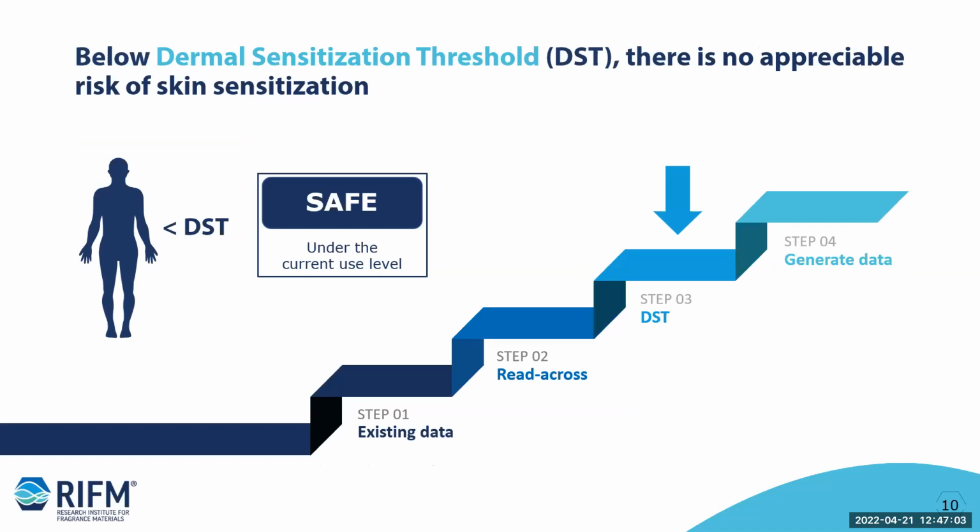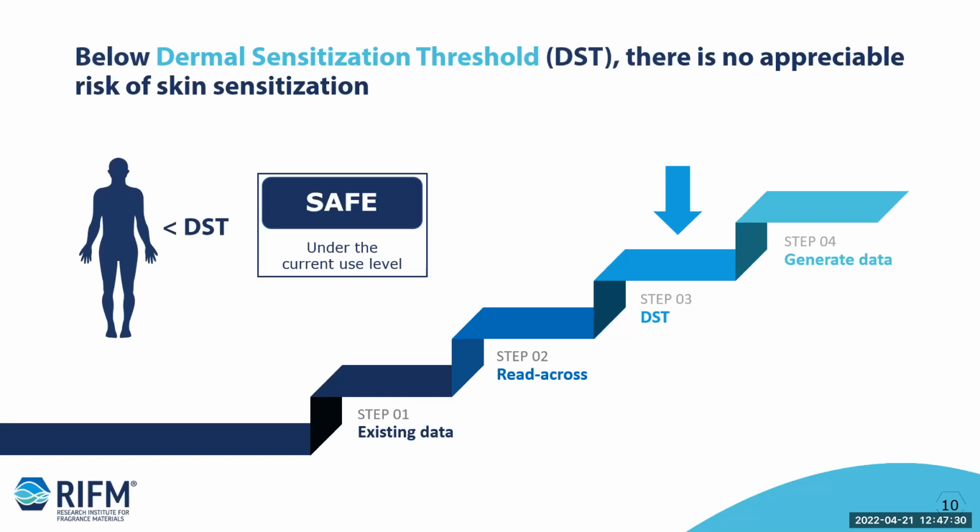If the data on the target material or the read-across materials are insufficient to conclude the safety assessment, we then look at the current exposure. As Nikita mentioned, we use the RIFM model to examine the exposure. Then we compare the exposure to the dermal sensitization threshold, which is DST, a level below which there's no appreciable risk of skin sensitization of an untested chemical.